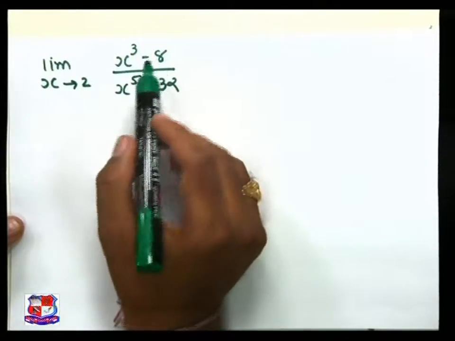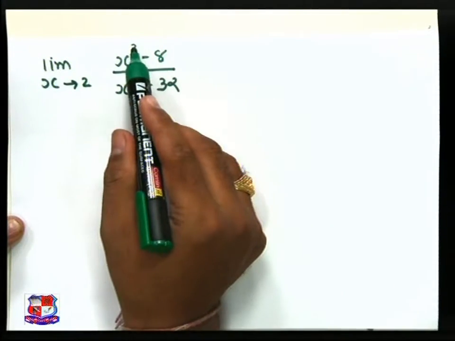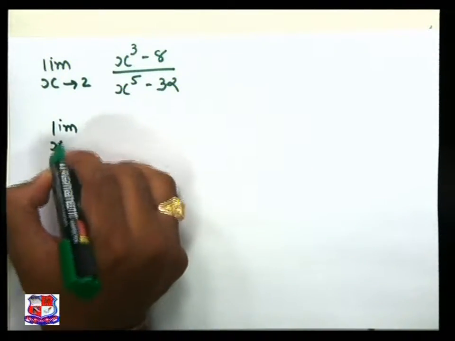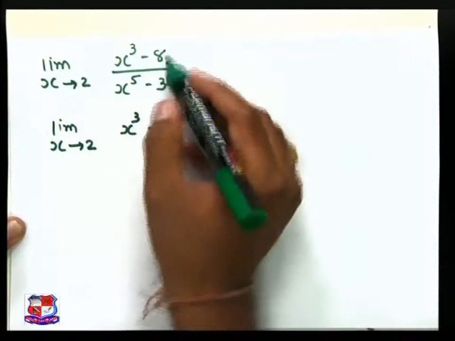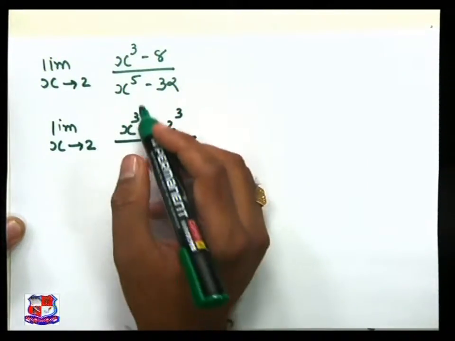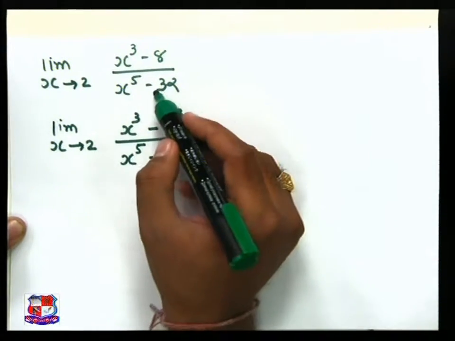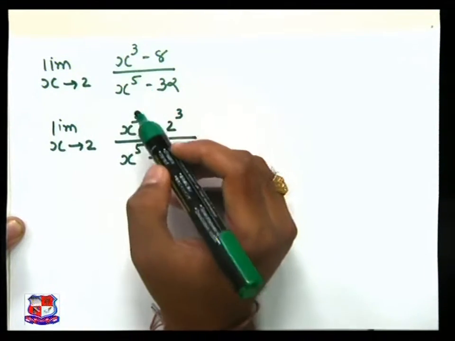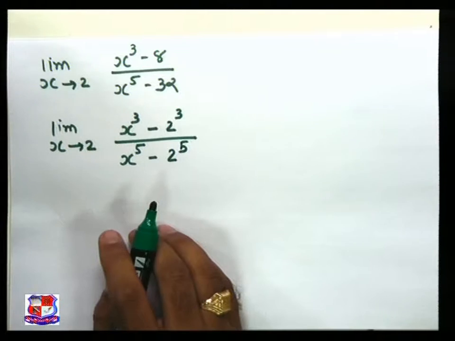So our aim is to convert this a term with its power the same as x. So our next step: limit x tends to 2, here x cube minus, here we can write 8 as 2 cube, divided by x raised to 5 minus, our aim to convert 32 to a power same as x, that is 5. So we can write here 2 raised to 5. So our first step is complete.